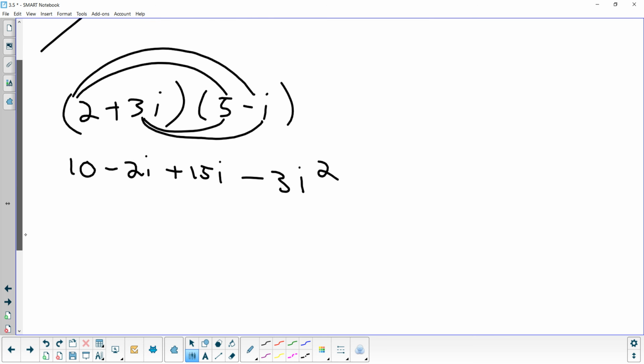Okay, so now we just have to combine some like terms and deal with that i squared. Francesco, what's negative 2i plus 15i? 13i. So we get 13i minus 3 times i squared. But Matt, what did we say earlier i squared is?